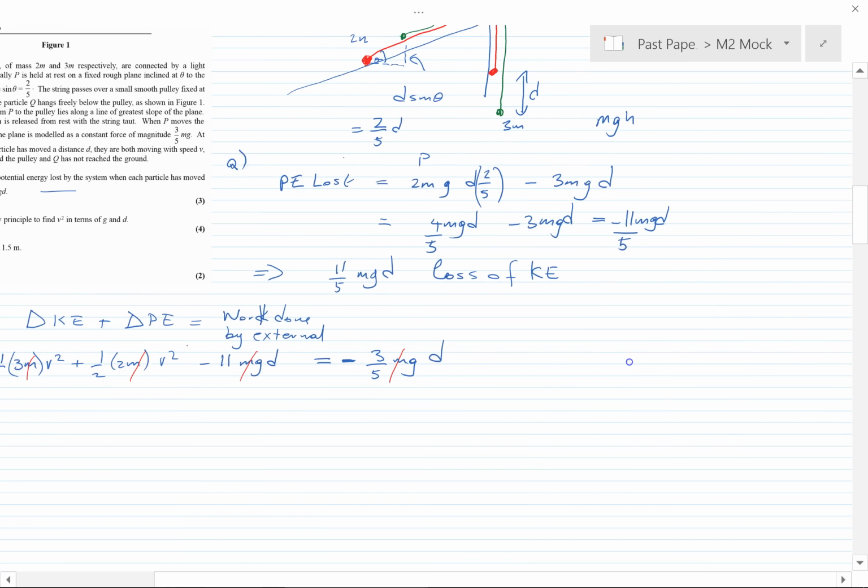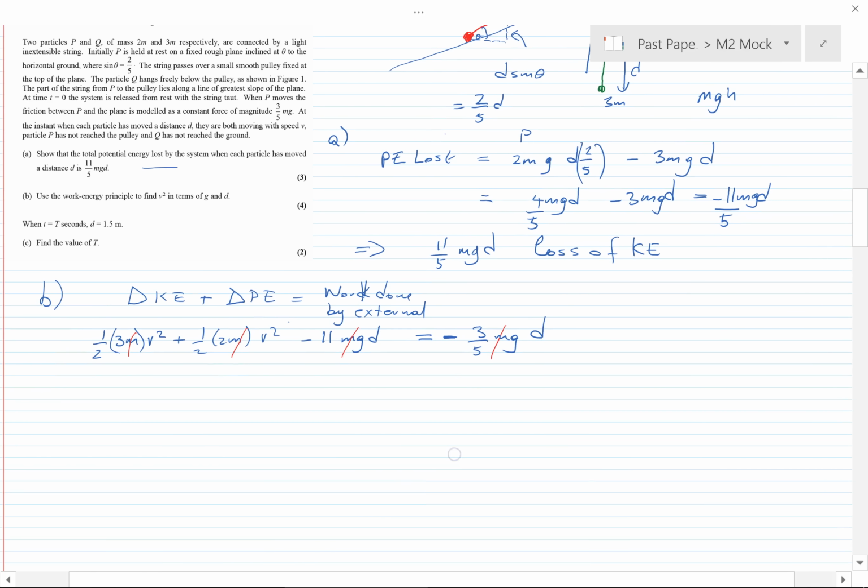Okay, right. Let's just take everything over to the other side. These two together here, that's 3 over 2 plus 2, that's 5 over 2 v squared, is equal to 11gd, oh, I've forgotten the g there, 11gd minus 3 over 5 gd.